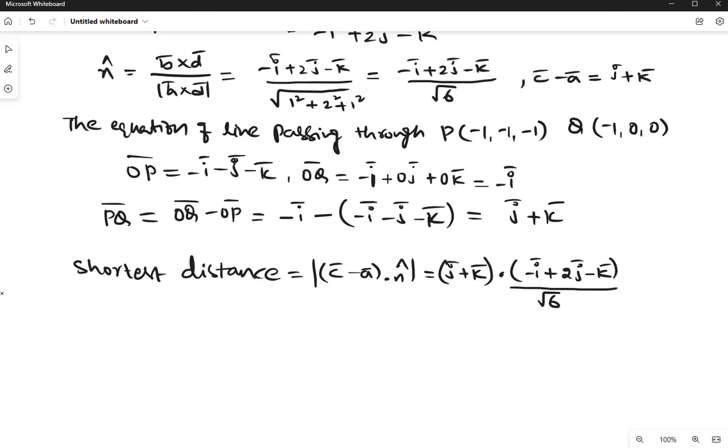That will become 1 by root 6. Therefore the required shortest distance is 1 by root 6, which is the answer. Okay, thank you.